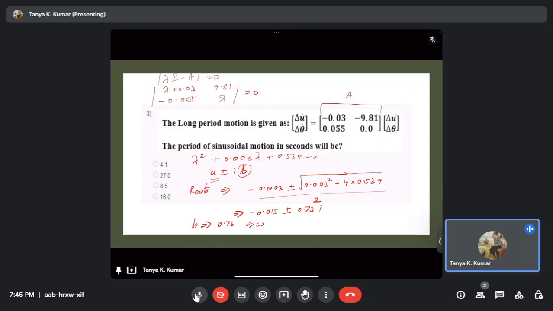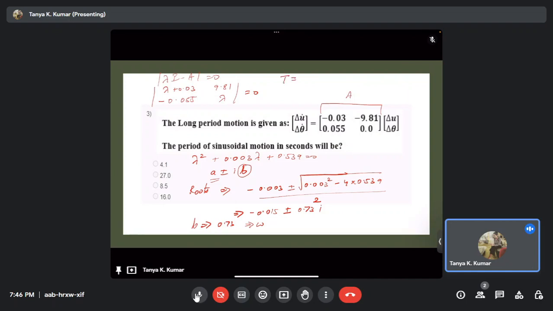Now when you know the frequency, how do you find the time period? For any oscillatory motion, what is the time period? How do you find time period if you know frequency?